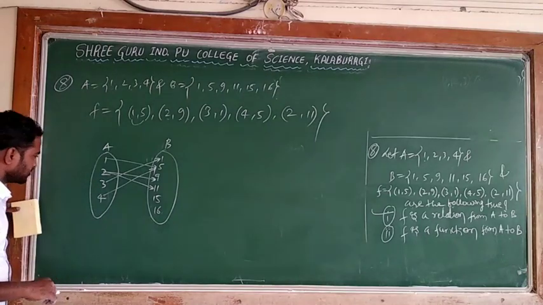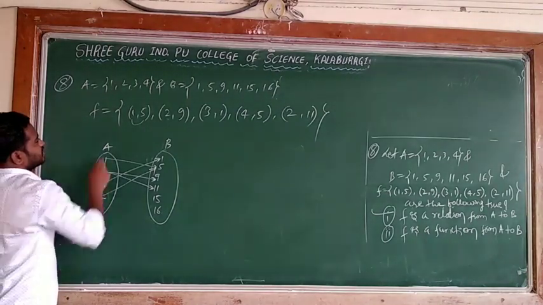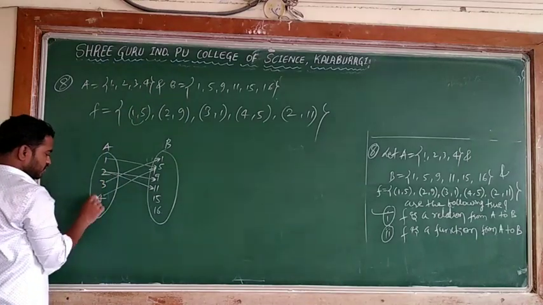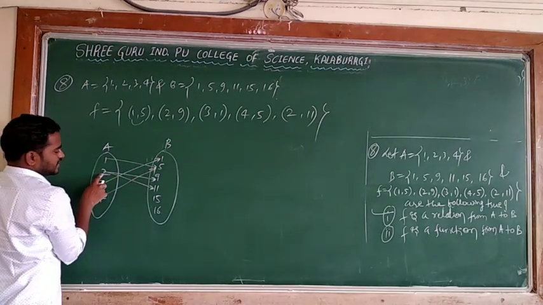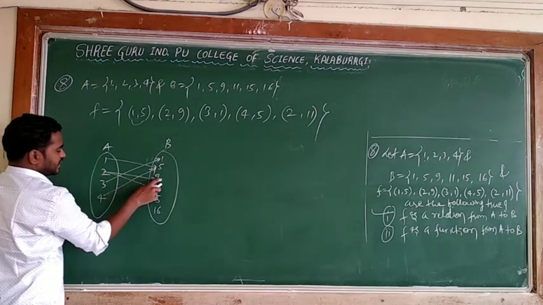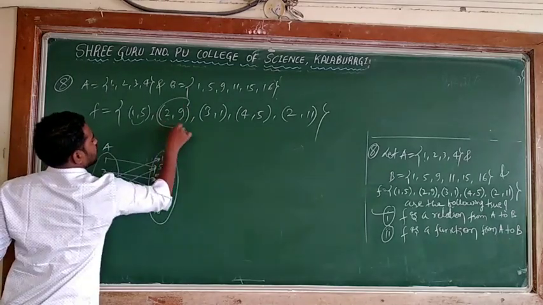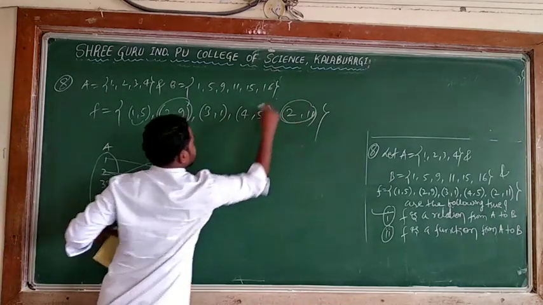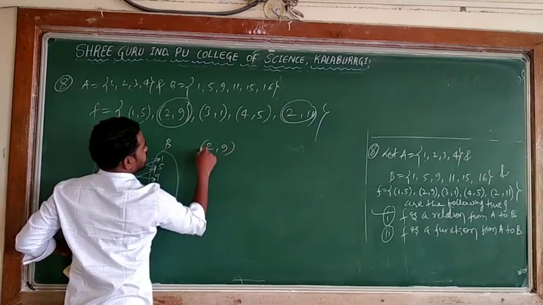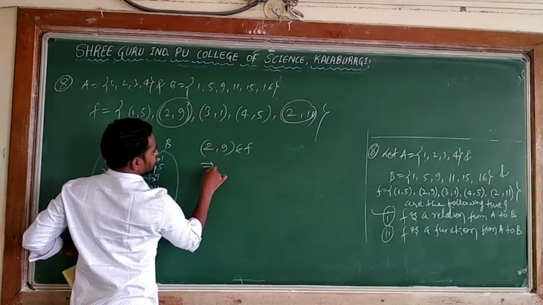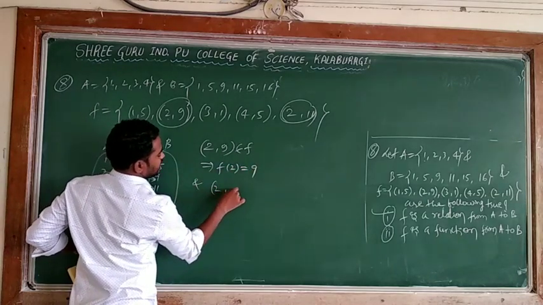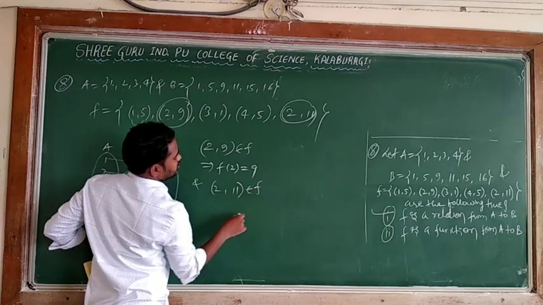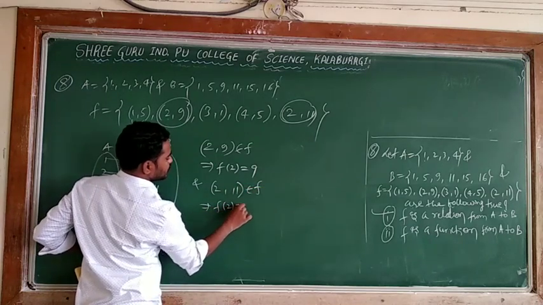I can decide on the basis of this. Every element of the domain 1, 2, 3, 4 has an image, no problem. When it has an image, that should be unique. 1 has only one. 2 has 9 as well as 11. So (2, 9) belongs to f, which implies f of 2 is equal to 9, and (2, 11) belongs to f, which implies f of 2 is equal to 11.